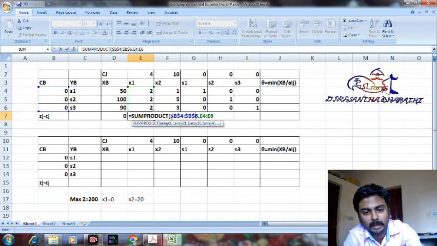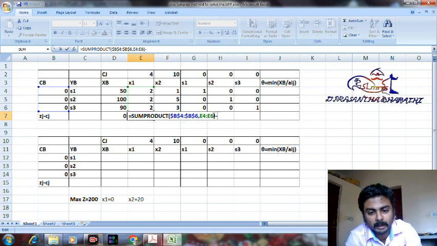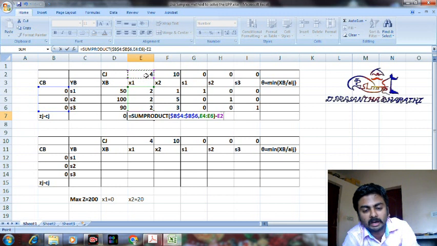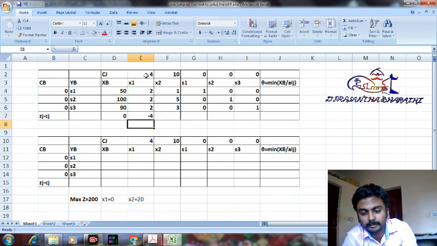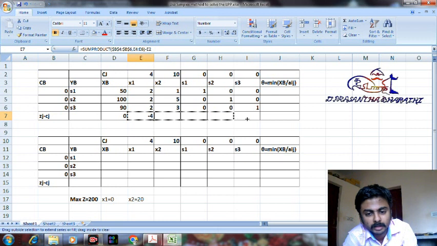So now the CB value is locked, only the Aij's will vary. And now I am using minus this Cj row values. Only the CB values are locked and the remaining values will vary according to each row and column. So here I am having -4. When I drag this up to C3, I will have the remaining Zj minus Cj values.